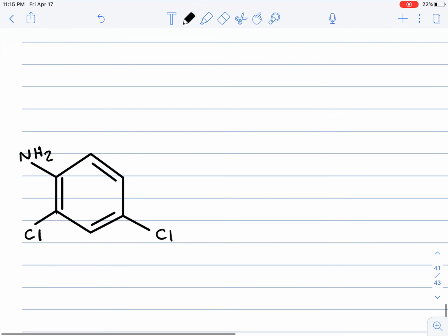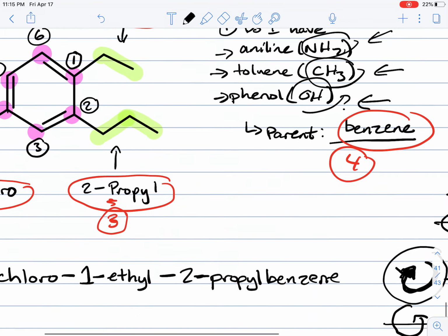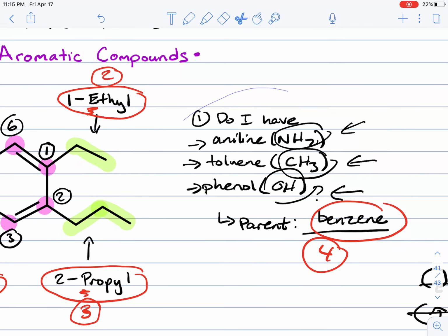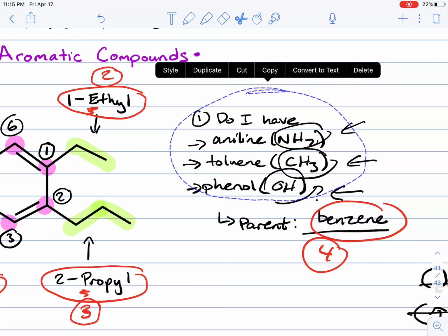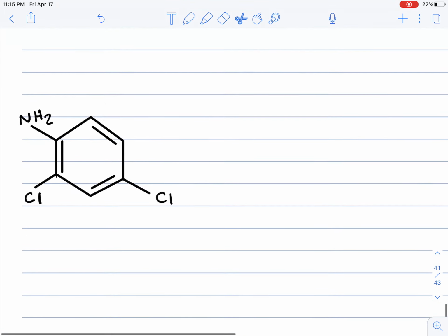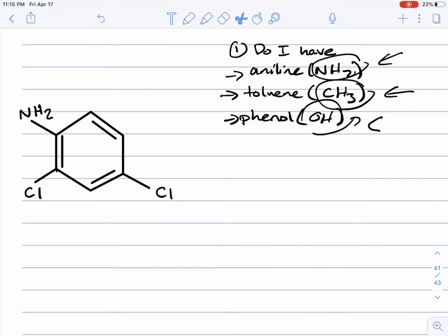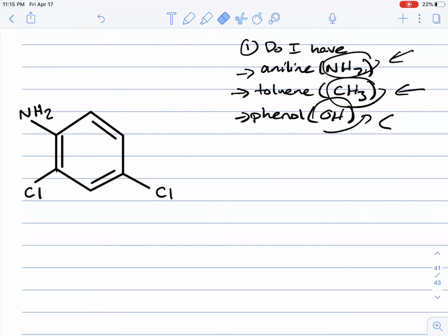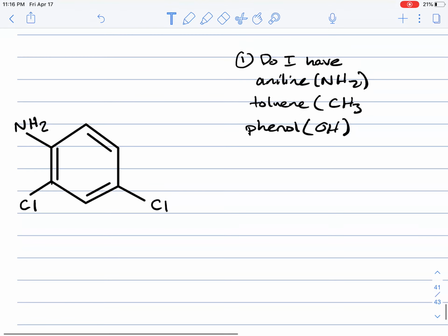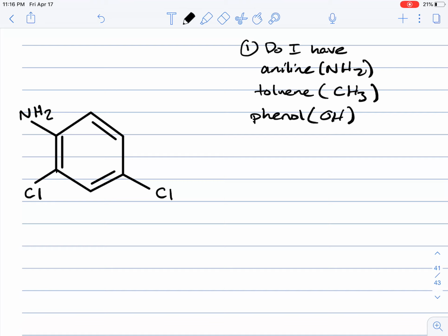All right, so let's go ahead and move on to the next problem. I'm going to copy and paste this question. Whenever we're working with aromatics, I need to ask myself, do I have an aniline, which is an NH2?